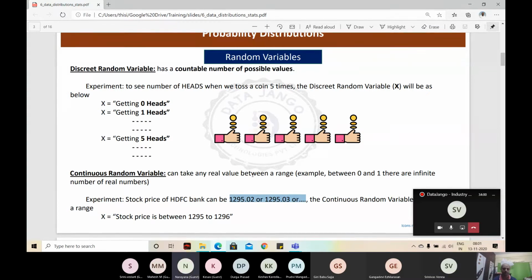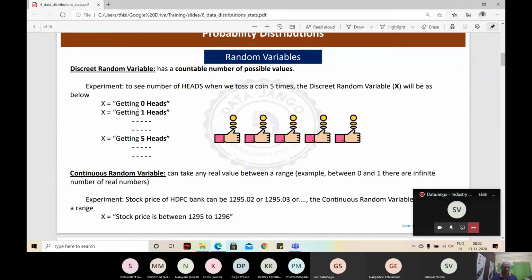So temperature can be between 20 and 42 in India, 42 or 43, right? But if you want to assess marks of a student, is that continuous or discrete? Discrete it is, right? So from 1 to 100 or maybe 1 to 25. So like that it is.